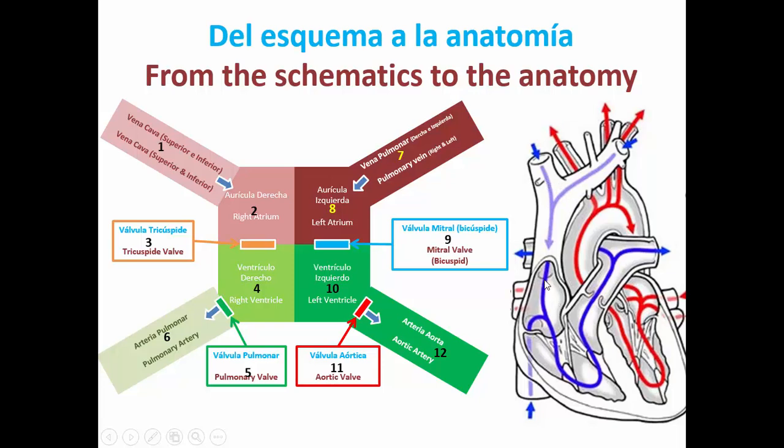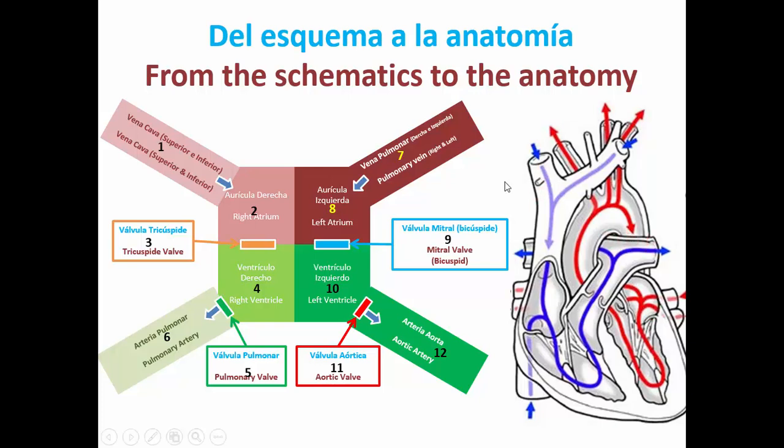So, there's only one part of the heart that receives blood from the bottom and from the top. Remember, the vena cava. So this is the most obvious structure to find first, and then just simply follow the path of the blood through our diagram.